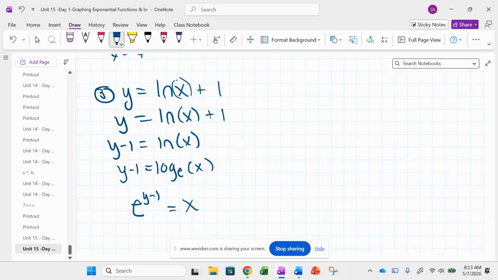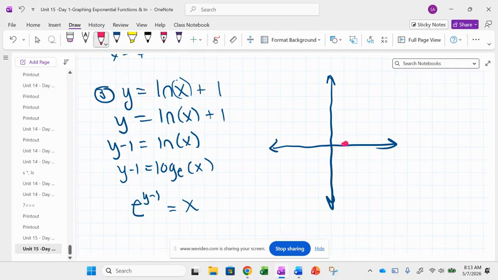Are we in a good format right now? Yeah, we're in a great format. X is by itself. We know it's an inverse because x and y have been switched. And do we agree this is just an increasing inverse? So my key point for my parent graph would have been the point 1, 0.